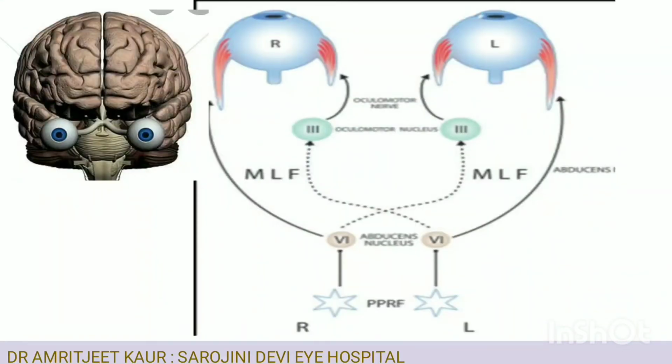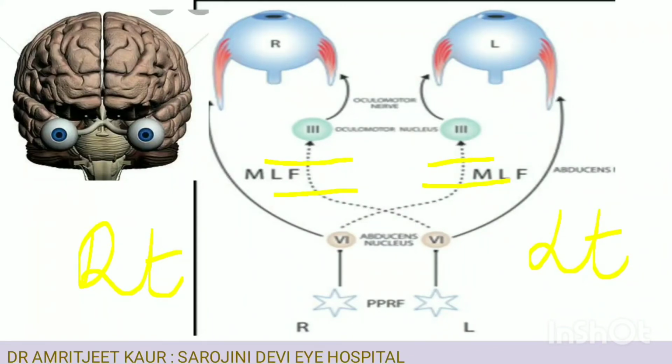At this point, I would like to clarify one point to avoid confusion: whenever the left medial longitudinal fasciculus is affected, it is called left internuclear ophthalmoplegia. And whenever the right medial longitudinal fasciculus is affected, it is called right internuclear ophthalmoplegia.